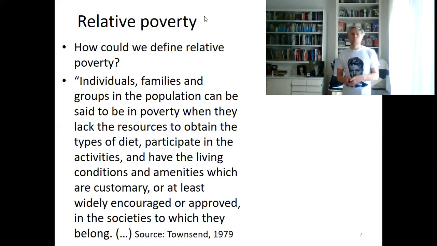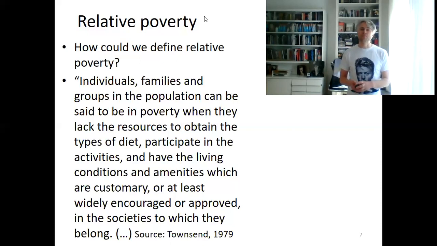Once again, there are a couple of words there which I should explain for non-native speakers. Amenities, I think here, can be understood as something like services, so access to things in the sense of services. And of course, when Townsend says customary, he simply means typical.